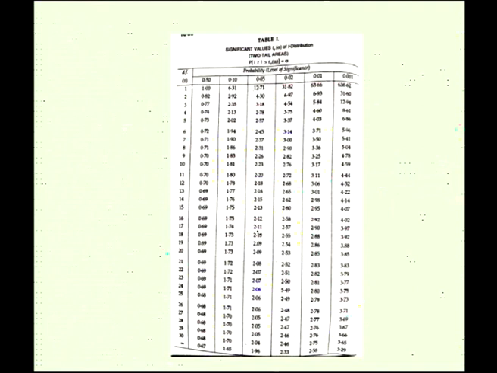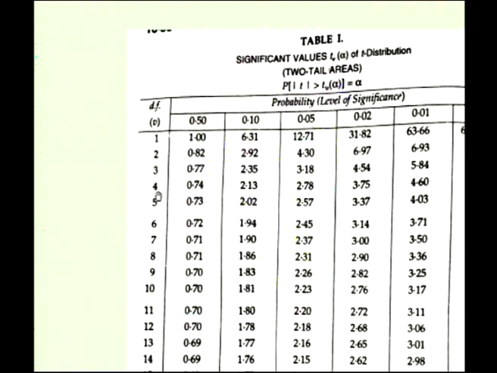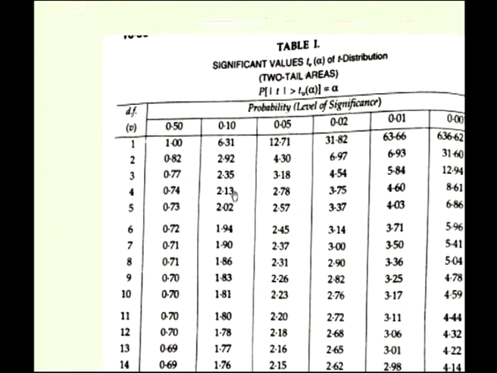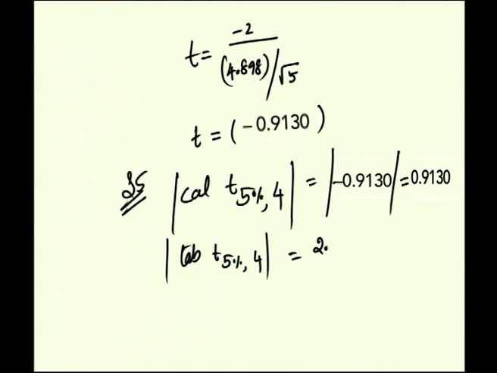This being a one tailed test, although it is 5%, we must look into 10% for 4 degrees of freedom, because the alternative hypothesis is one tailed. So, 10% and 4 degrees of freedom is 2.13.